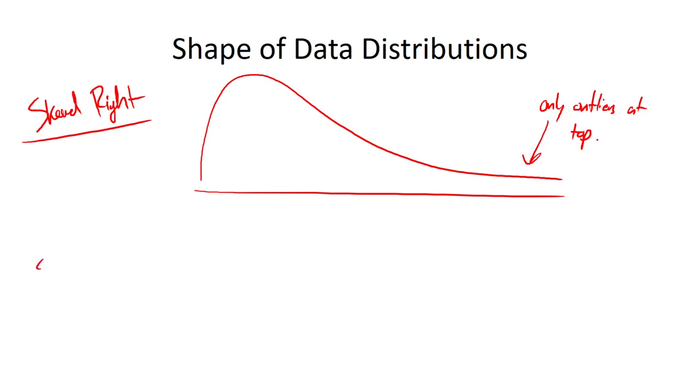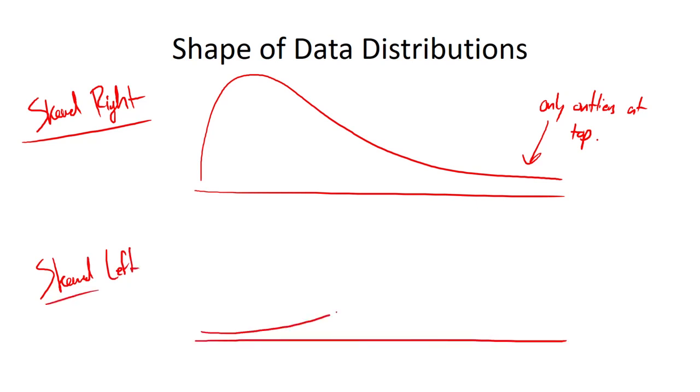But then you have the opposite effect in a skewed left distribution. In a skewed left distribution, where are all your outliers? Yeah, all your outliers are at the bottom. What was an example of that one? I know, like age at retirement, right?